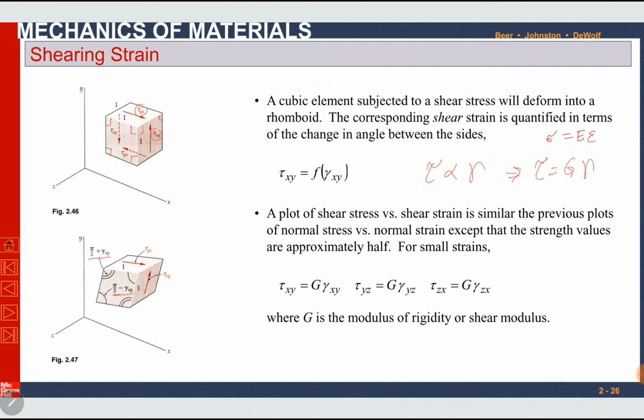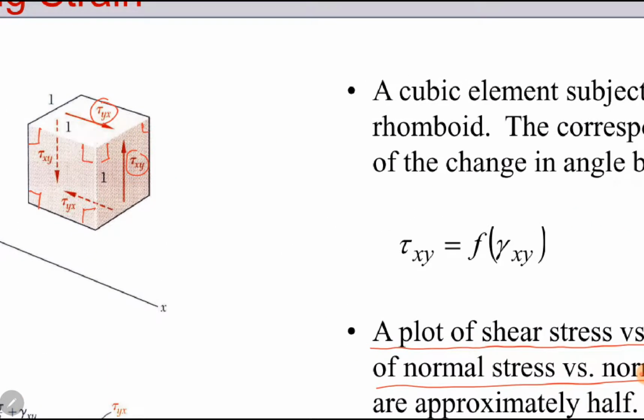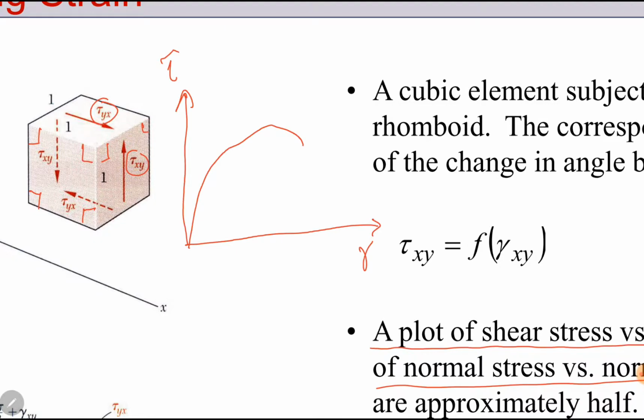Okay. A plot of shear stress versus shear strain is similar to the previous plots of normal stress and normal strain, except that the strength values are approximately half. So a stress-strain diagram for shear stress and shear strain, tau and gamma, will be similar to that of normal stress and normal strain for ductile materials and also for brittle materials. The shape of the curve is similar. We also have tau yield and tau ultimate here.